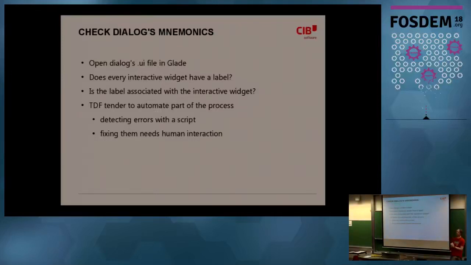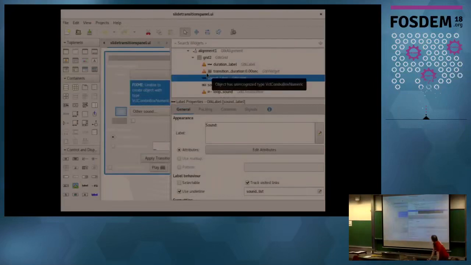Second thing to do if you're doing that, make sure that this association is correctly set up. So for that we need Glade. This is a LibreOffice dialog that I've loaded here, an Impress dialog, the slide transition panel, and highlighted here is a bit bigger control that has a label.